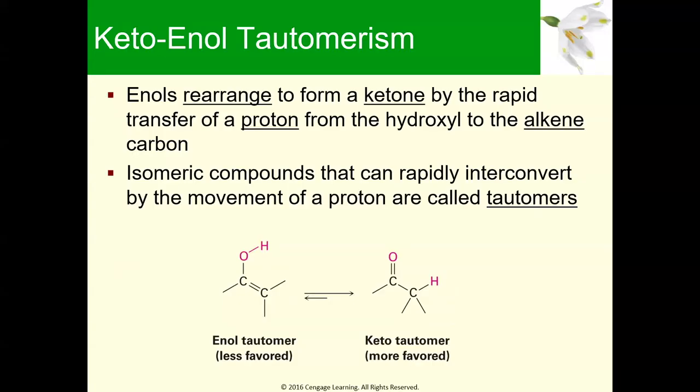So it's only kind of like that in the fact that it's the same formula. There's a significant rearrangement of the atoms. So it's isomeric compounds that rapidly interconvert by the movement of a proton. They're called tautomers.